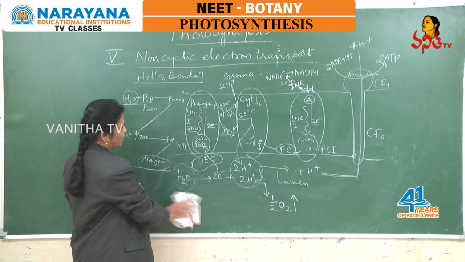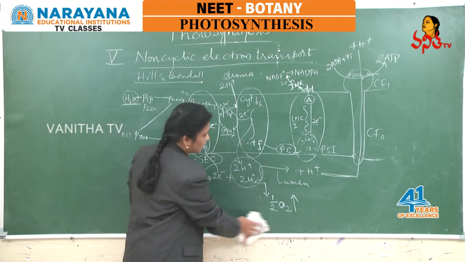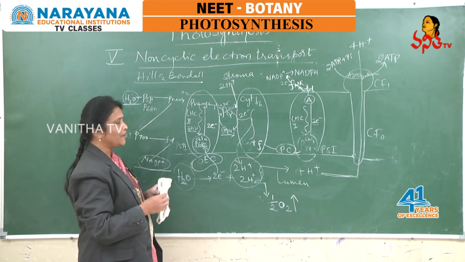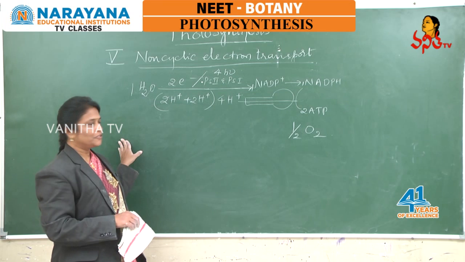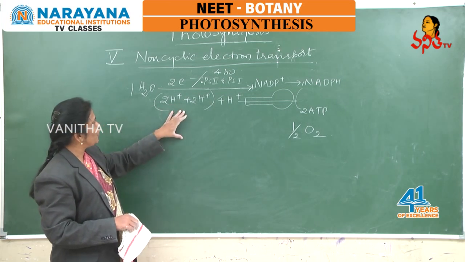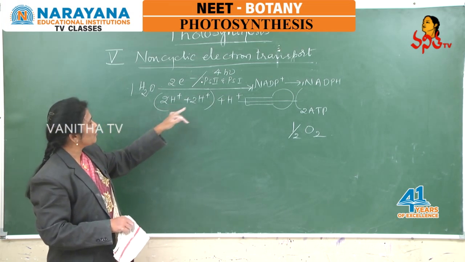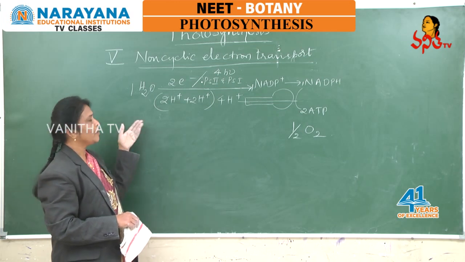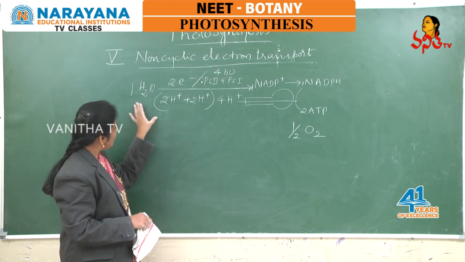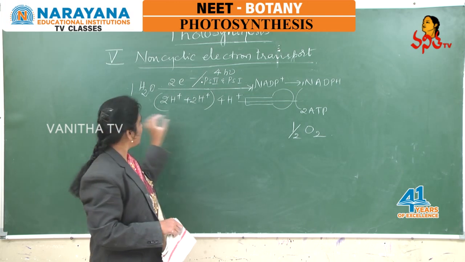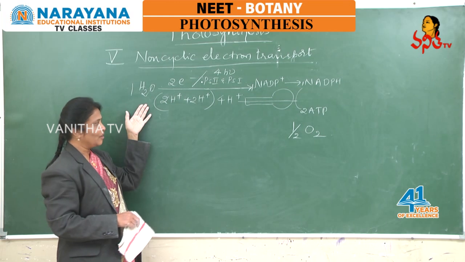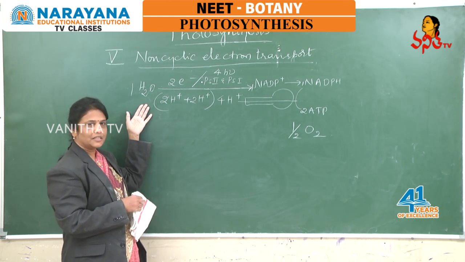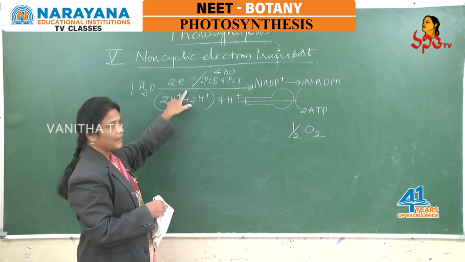Okay. So now let us follow the energetics of the pair of electrons involved in non-cyclic electron transport. So students, here is the equation that explains it. As one water molecule undergoes photolysis, due to excited P680 pigment, a pair of electrons is liberated.